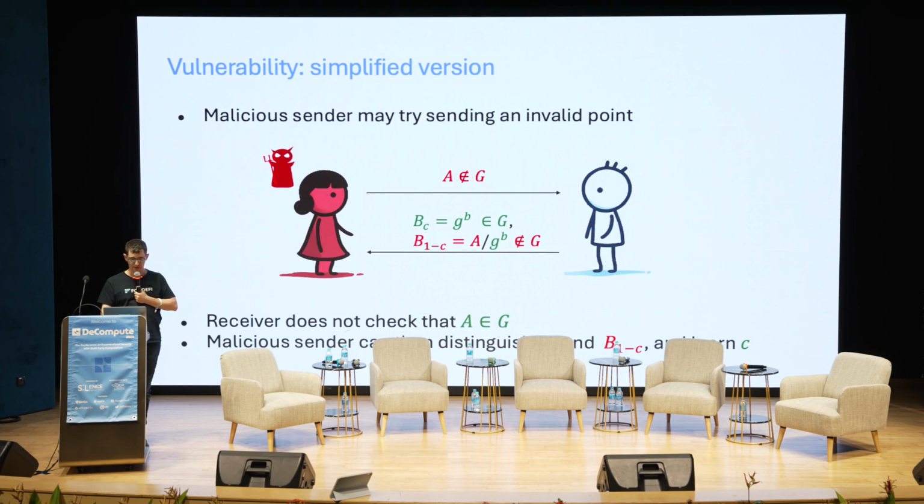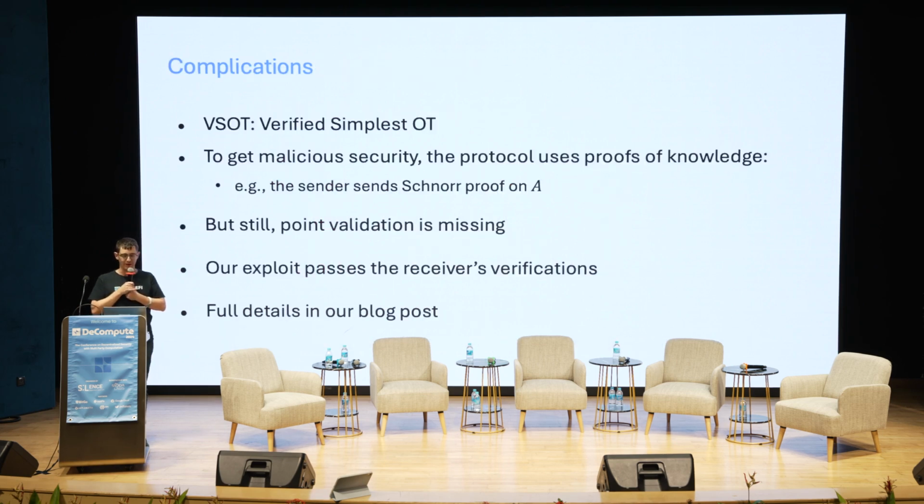There are actually a few more complications, because the actual protocol uses what's called verified simplest OT, which adds a few more steps. In particular, there's a proof of knowledge of the discrete log of the element A that the sender sends. To actually exploit this vulnerability, you need to work a little harder. But the main point is that the point validation is missing. It turns out you can forge this Schnorr proof and exploit the bug. So that's the first bug.